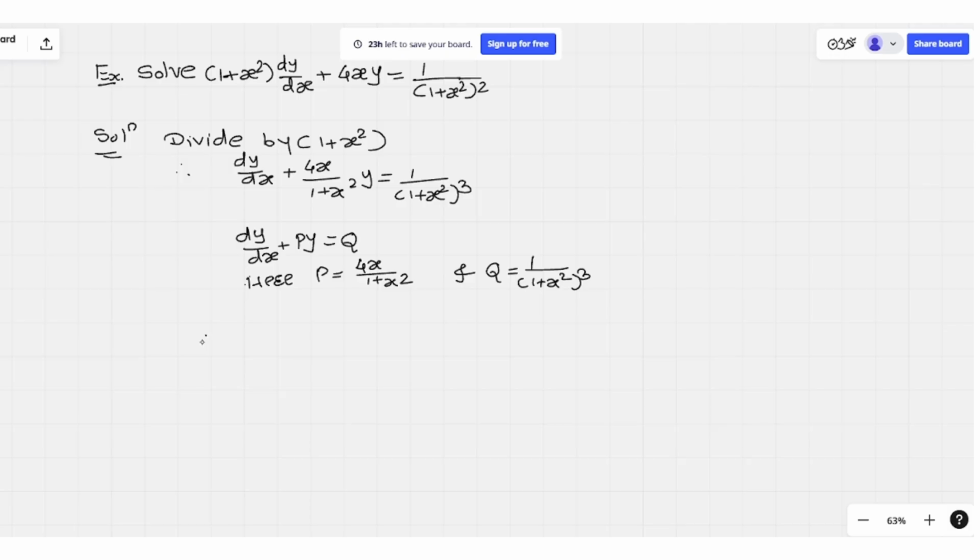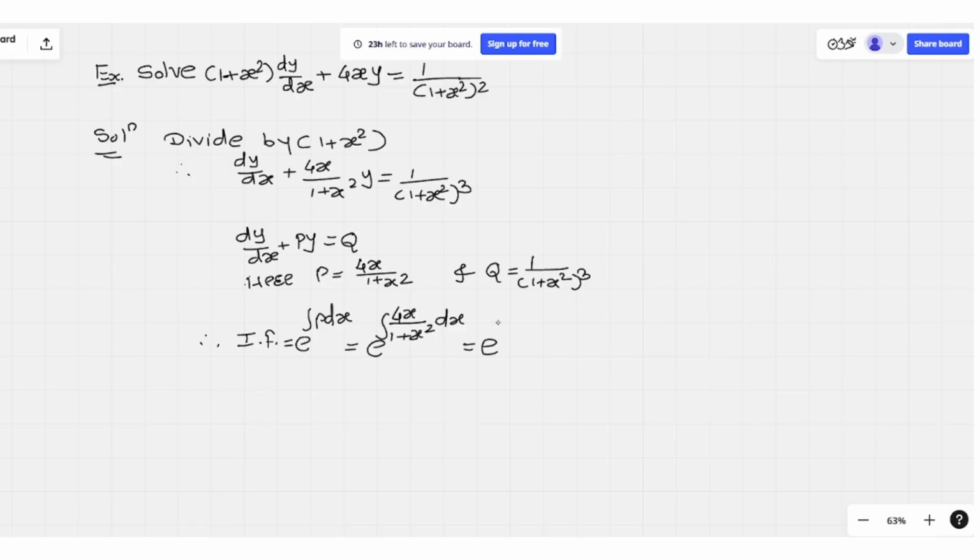Therefore, the integrating factor is e raised to integration of p dx. Here p is equal to 4x upon 1 plus x square dx.